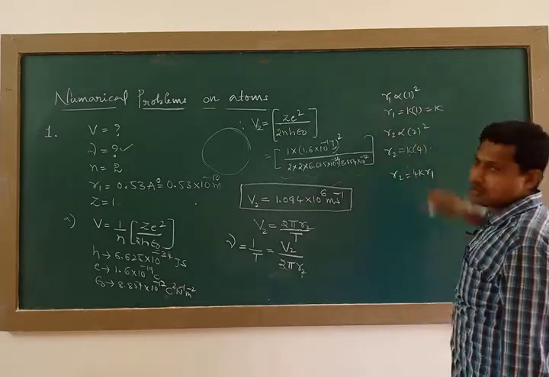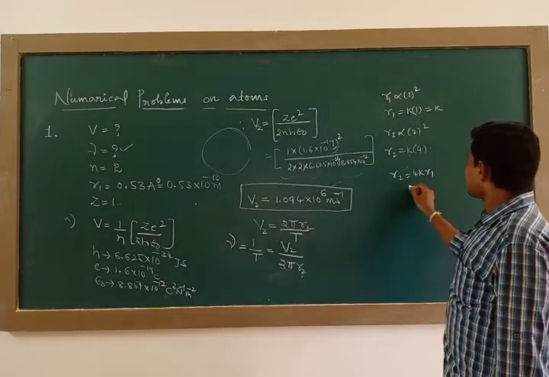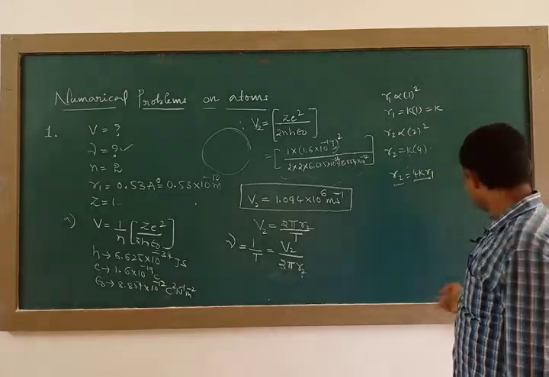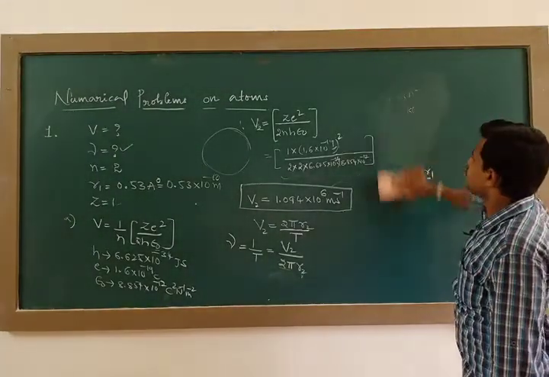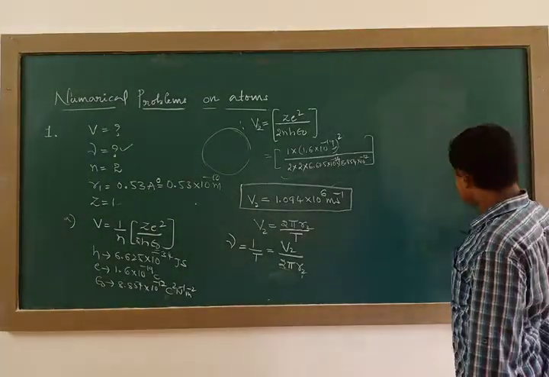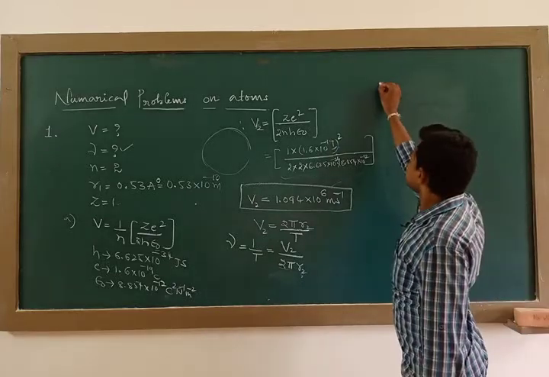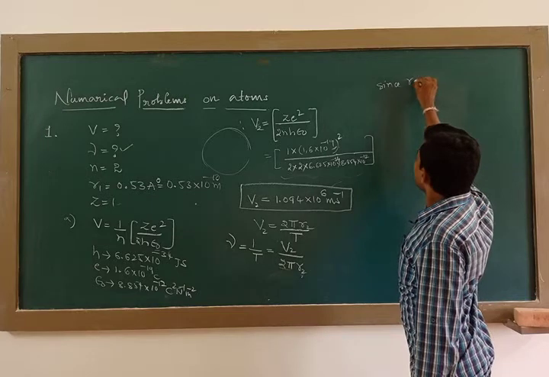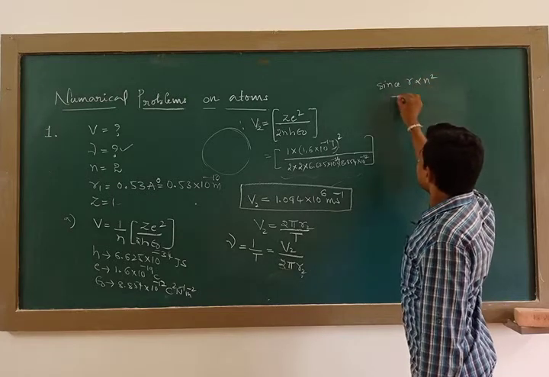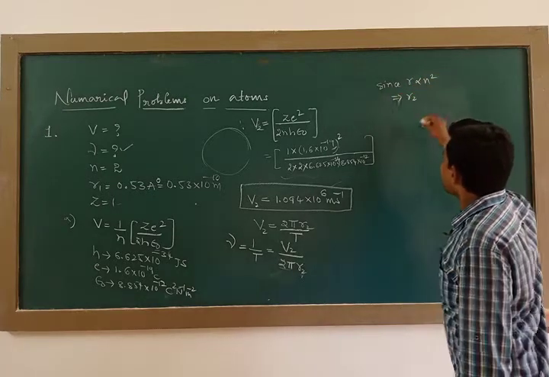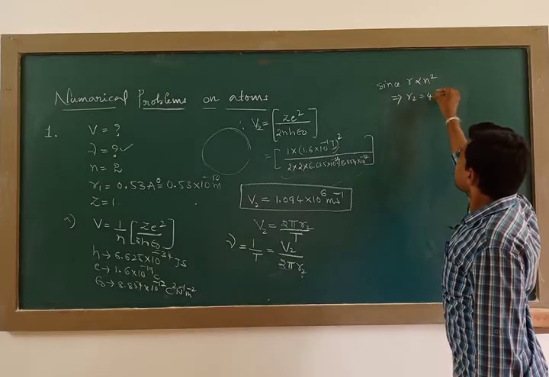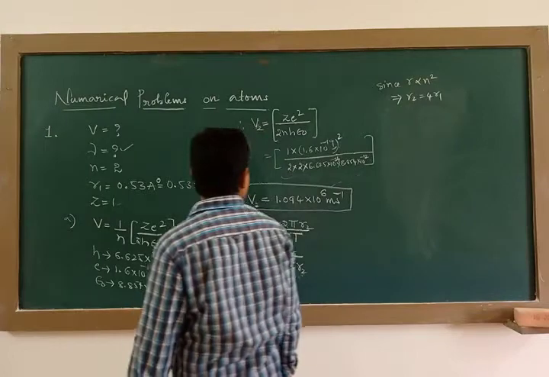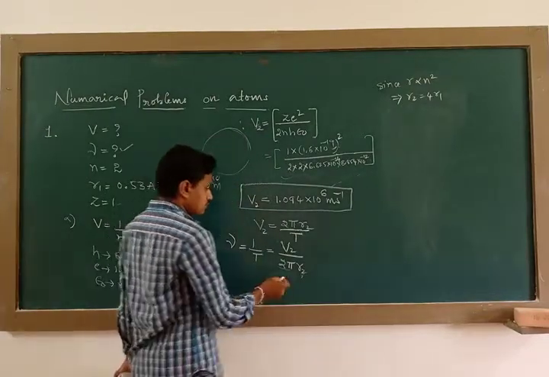So I can write r2 is nothing but 4 times r1. Since r is proportional to n square, this implies r2 is equal to 4 times r1.